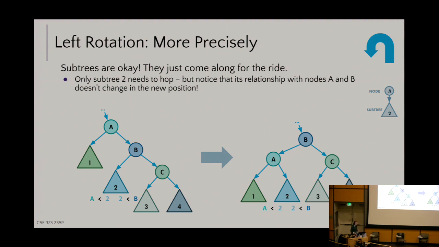Because of the binary search property, everything that was to the left of B can go immediately to the right of A and still maintain that search property.